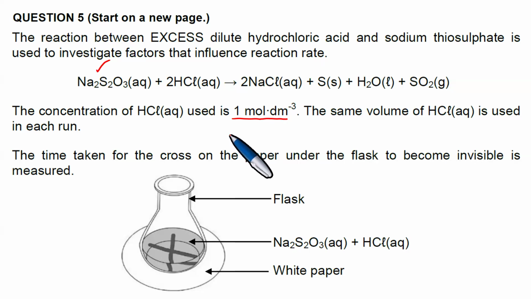If the concentration is known, this is of particular importance to us; we're going to discuss that in a little bit. It's a very interesting experiment, because when you react these two, at some point you can see the cross, and at some point you won't see the cross.